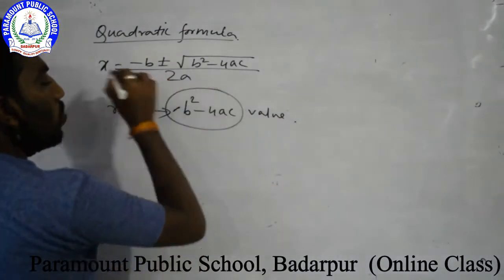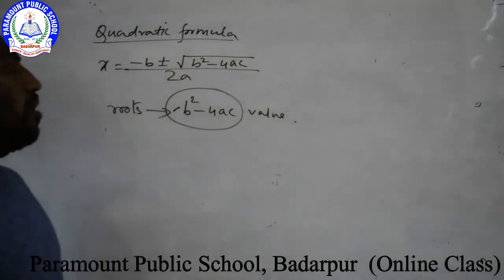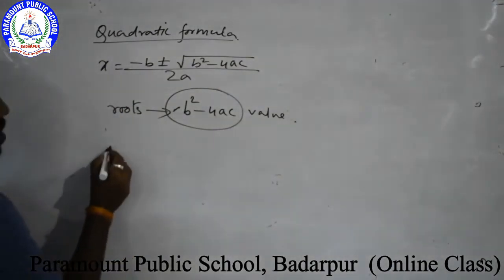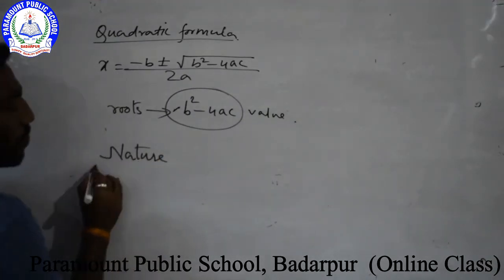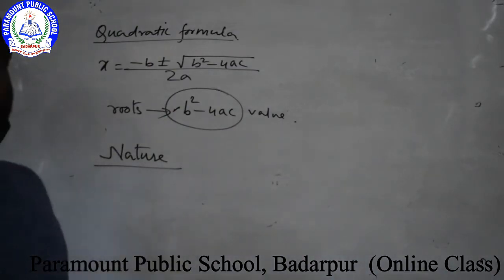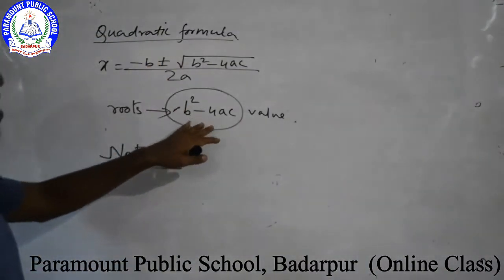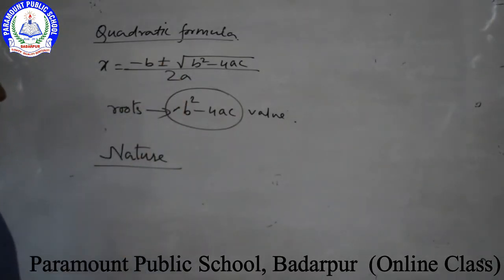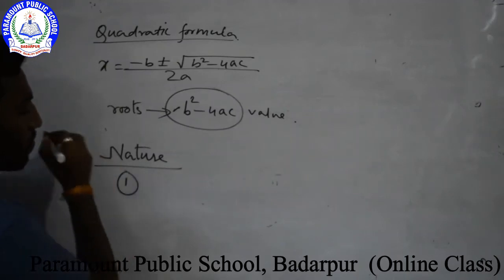Based on this value, we determine what type of roots it is. So based on this, the name of these roots are given as nature, means what type of roots we will get. So while I will solve the numerical, you can understand what type of nature we are getting. Before that, let me tell you the types of nature.